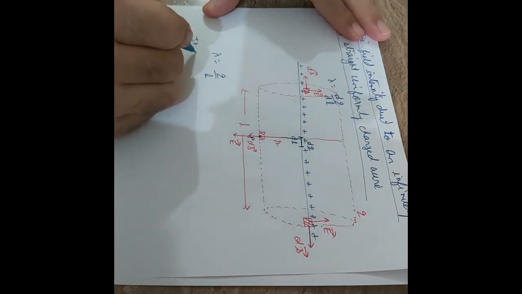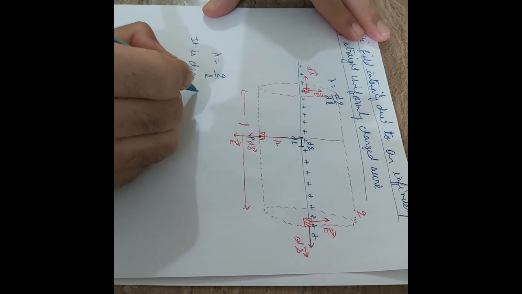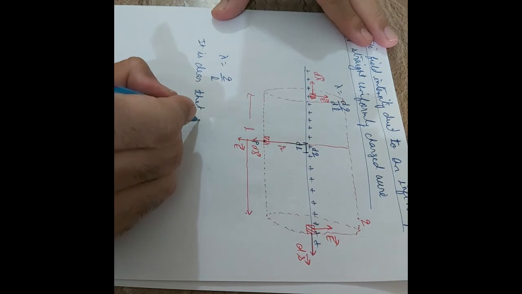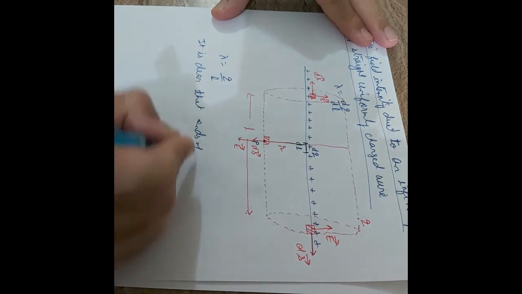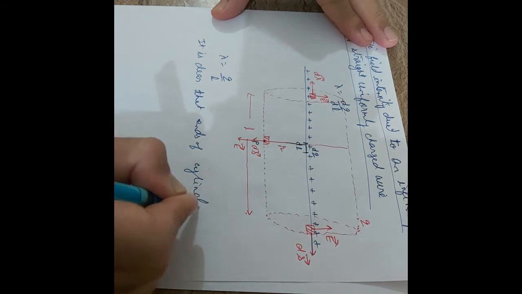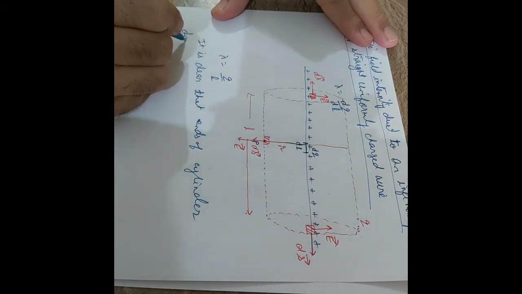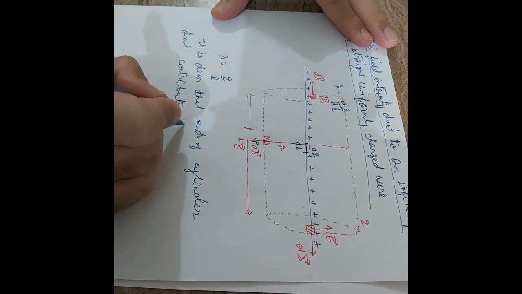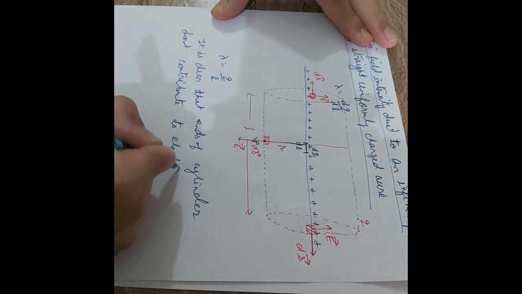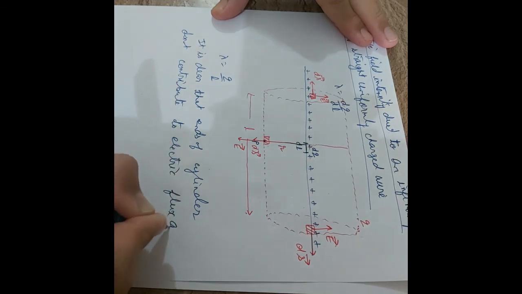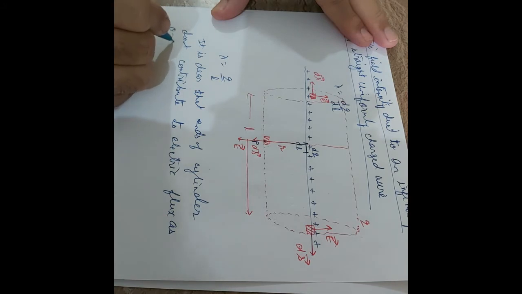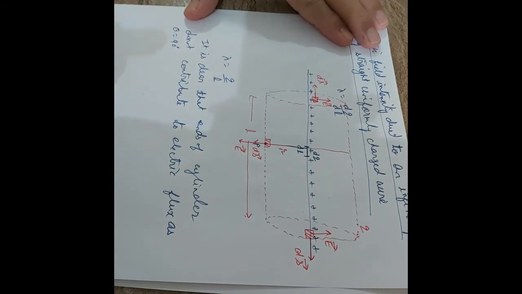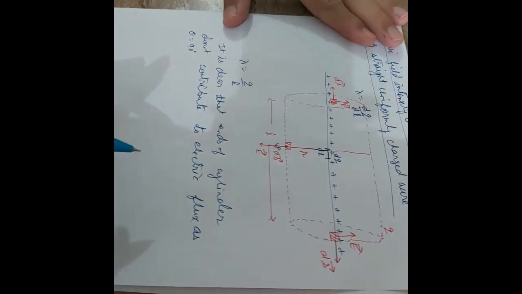Now it is clear that the ends of the cylinder do not contribute to electric flux, as theta is 90 degrees.